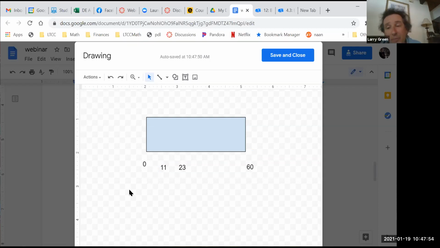Okay, and this isn't drawn perfectly to scale, but I tried to do my best. Then I'm going to put a little vertical line at 11, and a vertical line at 23.